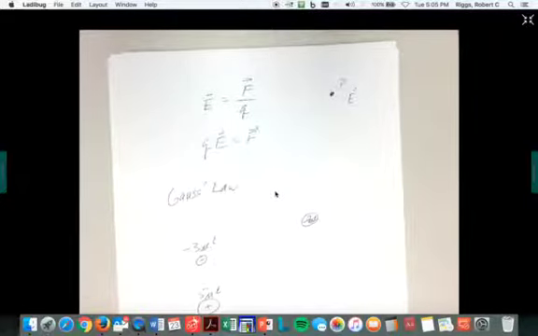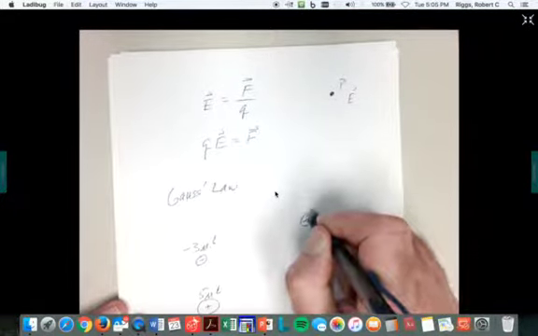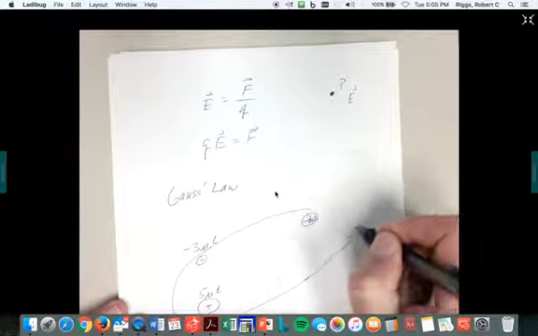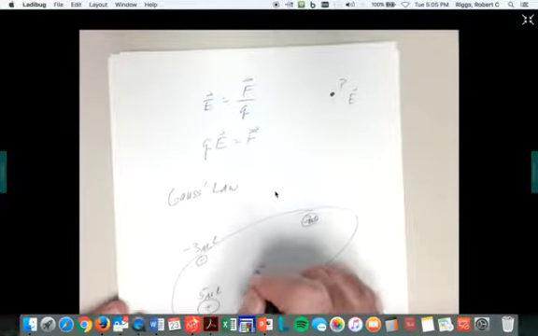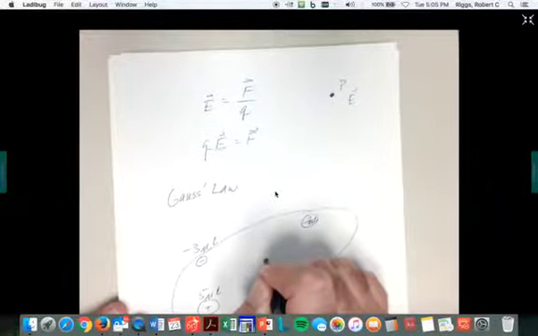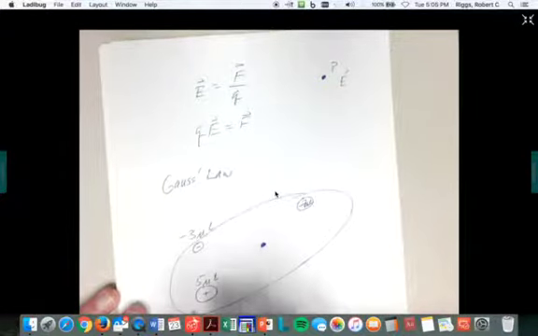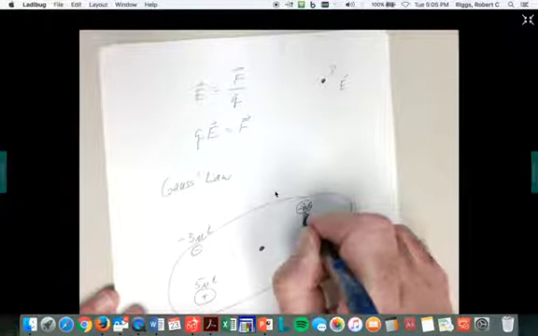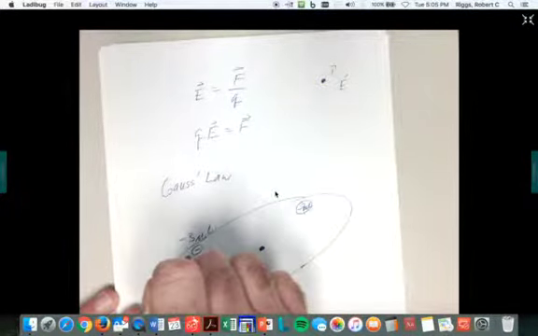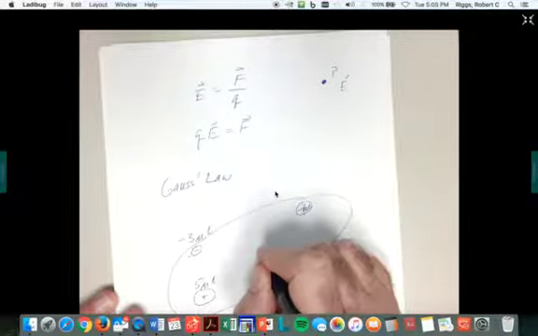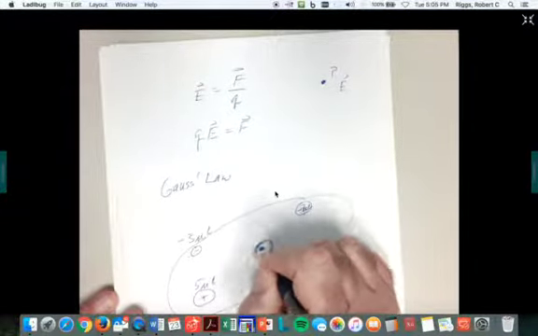You know what I do? I take all of these charges and I shrink them down to a point right here. And I go, okay, well that's +5 -7, which is -2, -3, so it's -5. So I'm going to shrink all these down into one point right here.